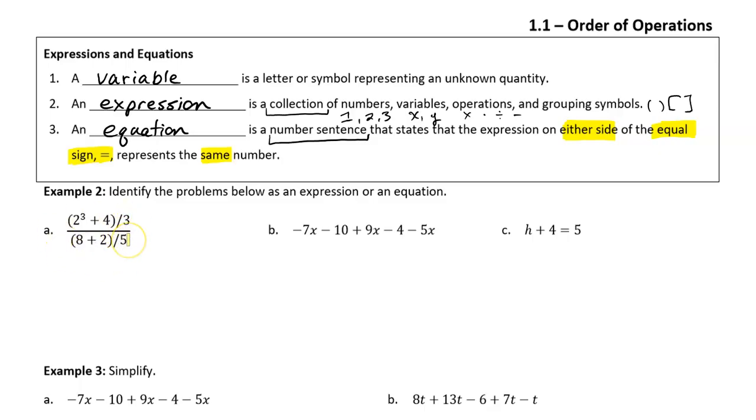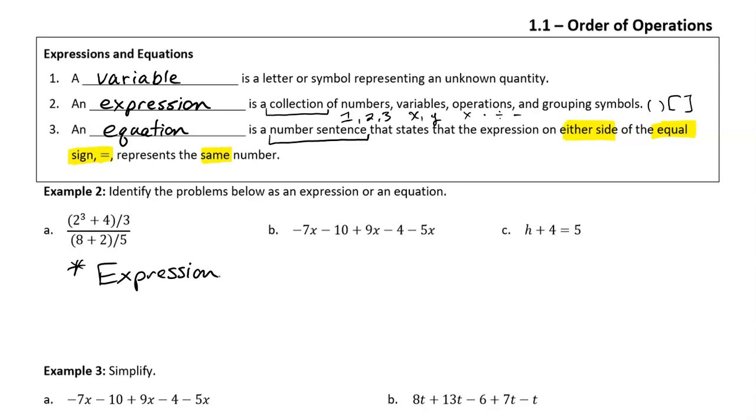But what don't I have in this example? I don't have that equal sign. So when there's no equal sign, I'm going to say this is an expression. Then we would be asked to simplify this expression, make it a smaller value that we can really work with.